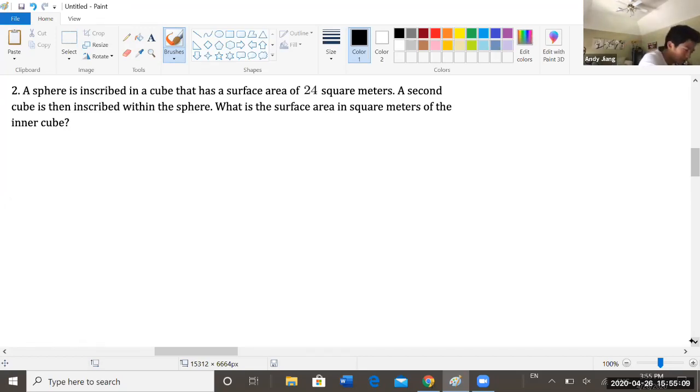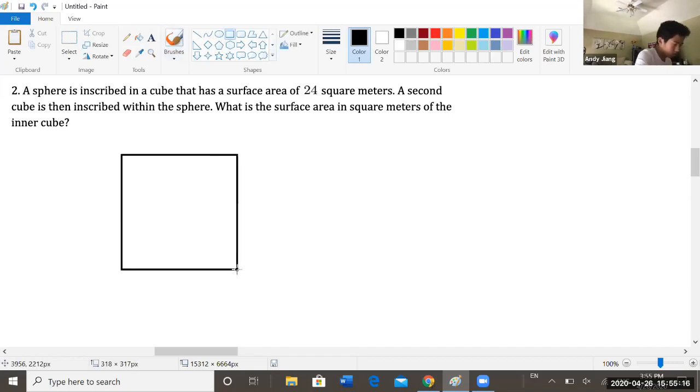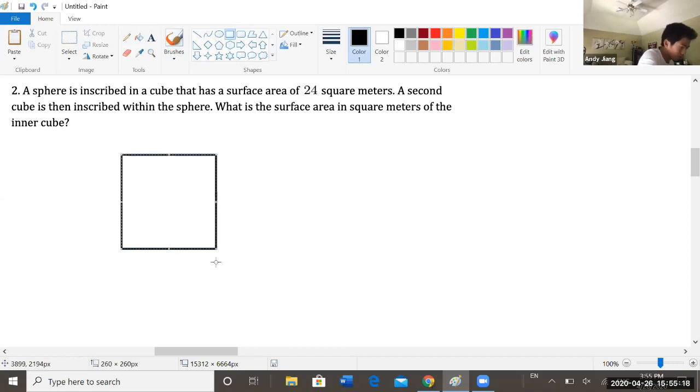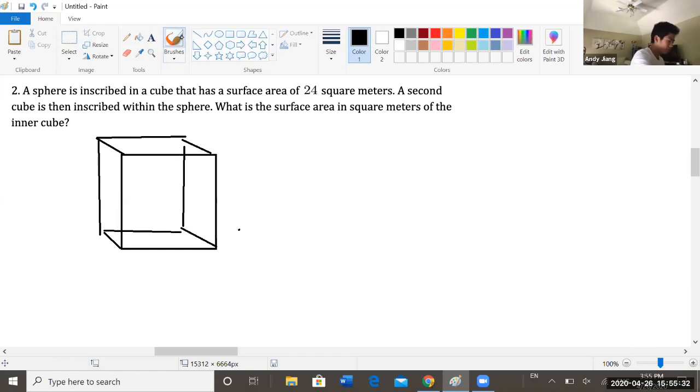Okay, let me draw this cube, and the sphere is inscribed inside of it.